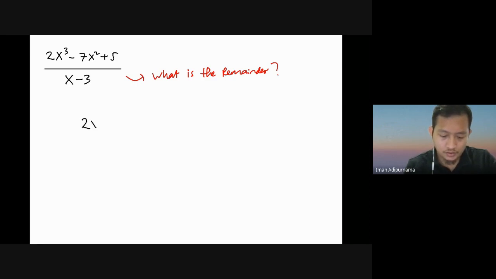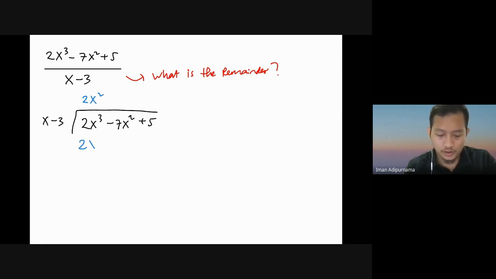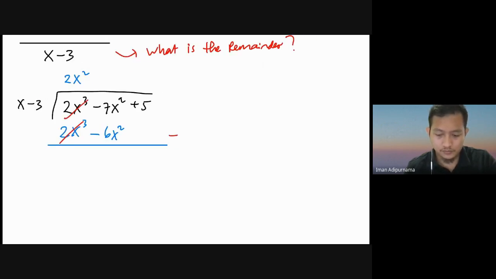So if we are looking at the long division here, you will start with 2x squared to make it 2x cubed here, and then minus 6x squared, and then subtract this. Minus 7 plus 6, so it will be minus x squared plus 5. So it should be minus x, and then we have minus x squared plus 3x.